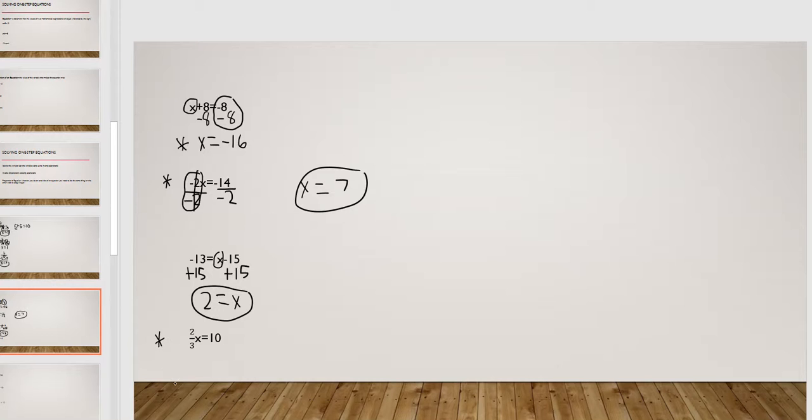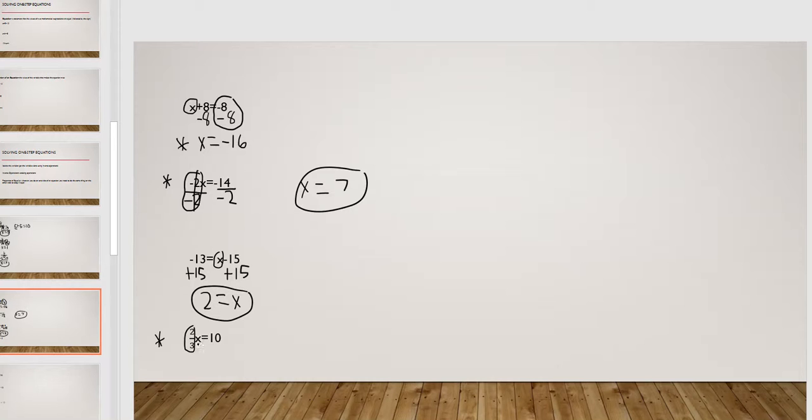Okay, for this one we have a fraction, and I know sometimes when we see fractions it makes us get all panicky, but even though there's a fraction here, we're going to follow the same process that we followed on all of the other ones. If we want to isolate the variable, we're going to do that using inverse operations. This is 2/3 times x.